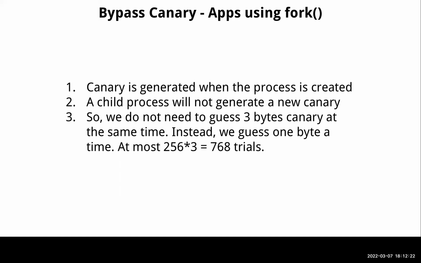Then we know what is the correct one. The second time, we override 2 bytes, with the first byte being the correct one. So we will take another 256 times for us to get it right. So worst case, technically we only need 700-something times to guess that.